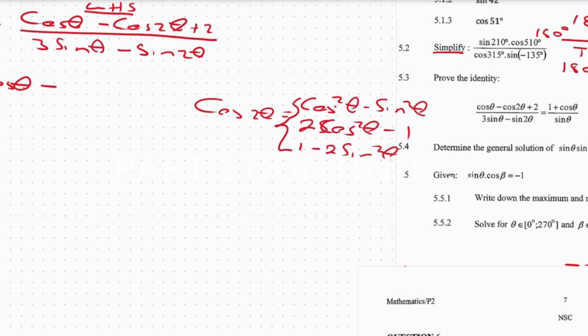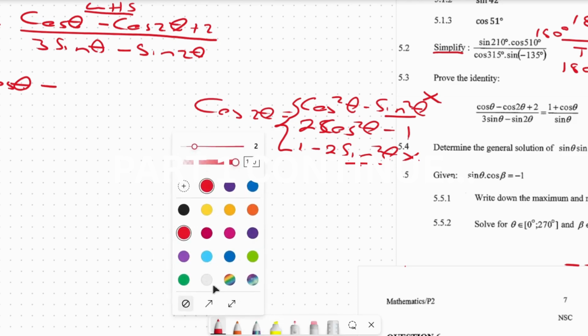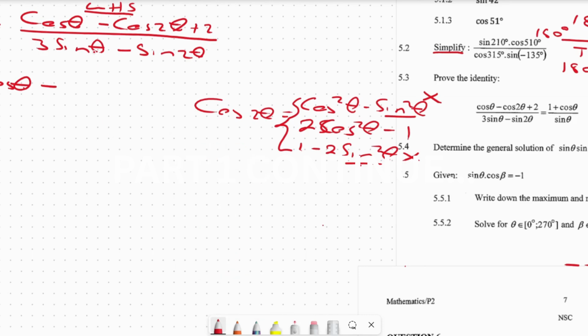You look at your final answer, it has only cos here, there is no sine. So I can't take this one because it has sine. I can't take this one because it also has sine. So that is how I determine which one I will choose whenever I'm working on that problem.